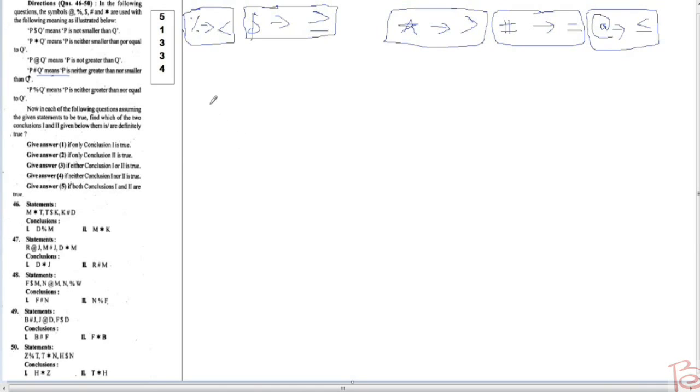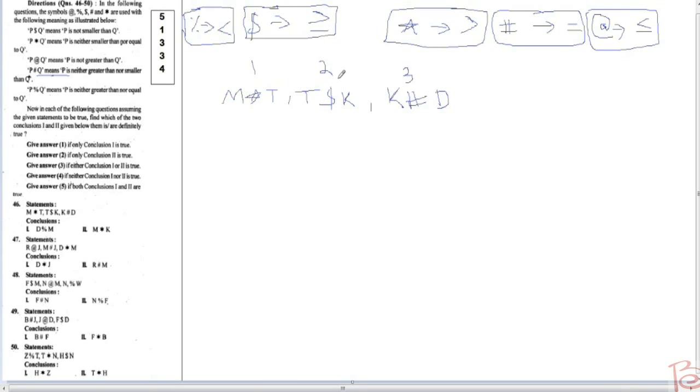Okay, let's go for the question. The question is: M star T, comma, T dollar K, comma, K number D. So basically this is statement number 1, statement number 2, and this is statement number 3.